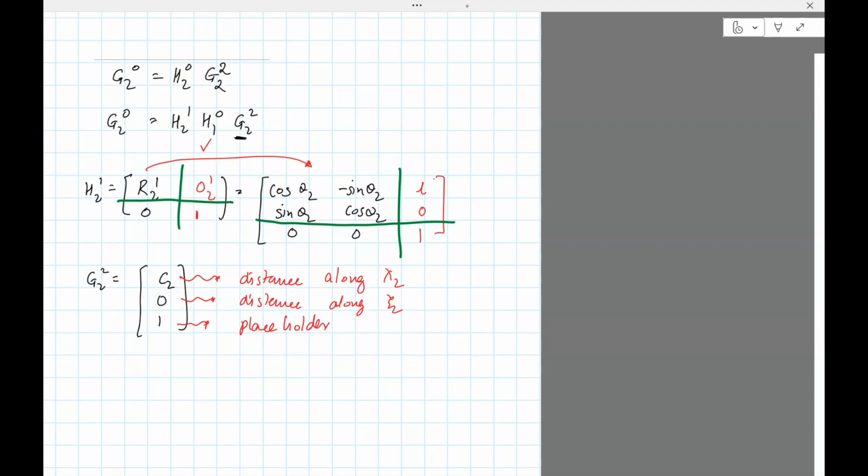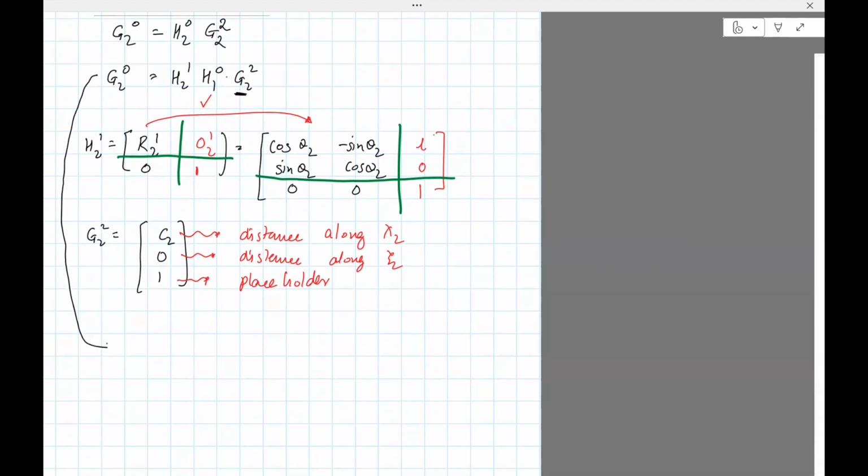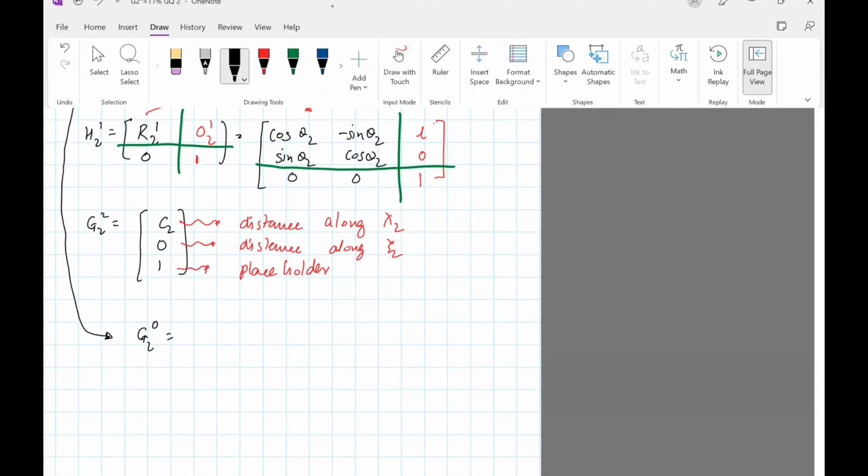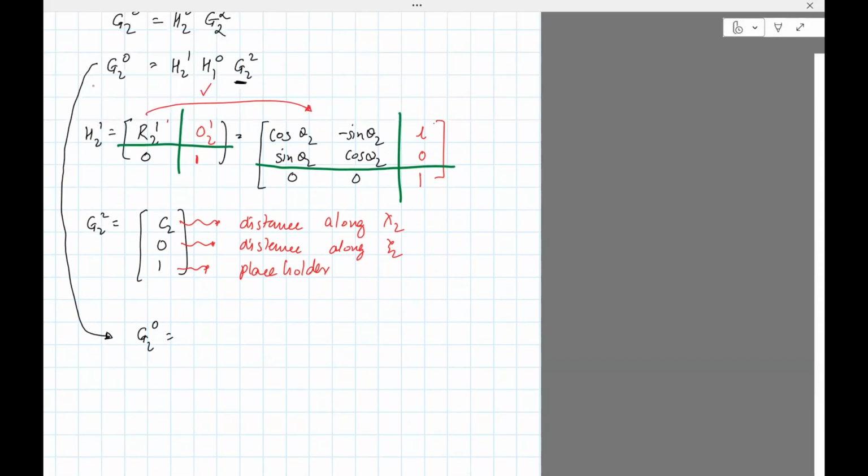Okay, so what's left now is to compute G2 in frame 0. So H10 is known, H21 is known, it's right here. G22 is known, so you can either do it by hand or by using the symbolic toolbox.